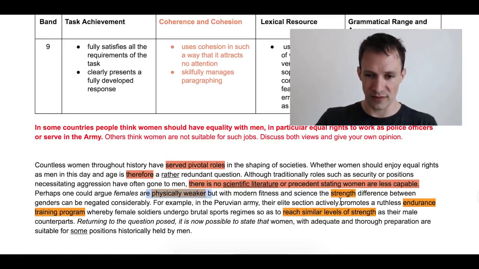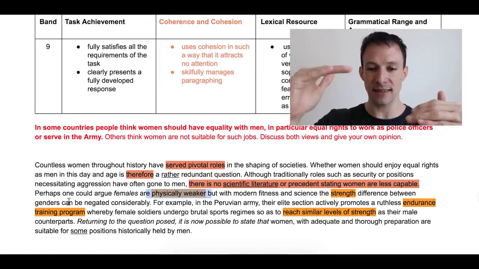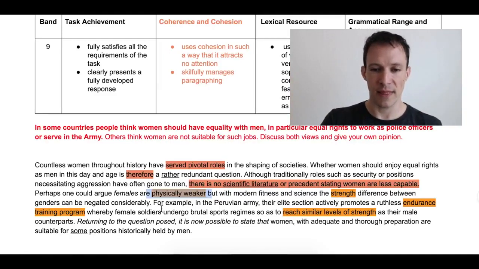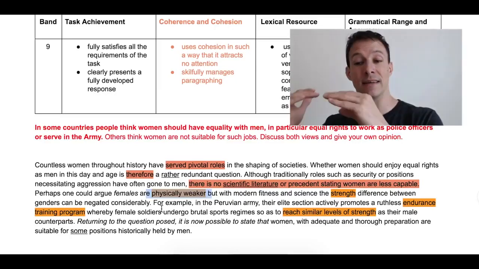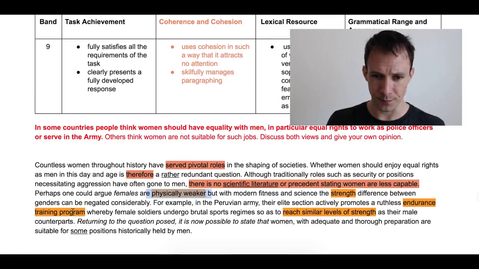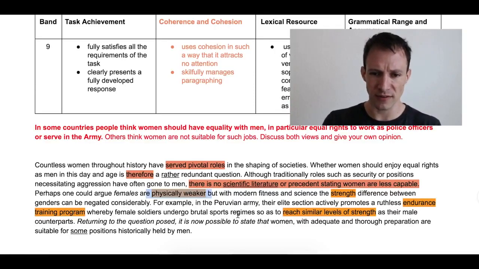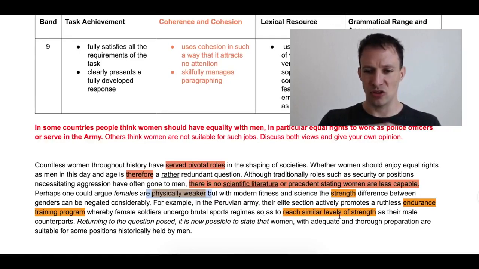Now, from physically weaker, I move on to strength difference, and then from strength difference, I talk about how it can be negated through sport, and then I'm talking about that exact sports routine or training program. I think I changed that to regime later. But anyway, I know it's there. And then I'm going back to strength.